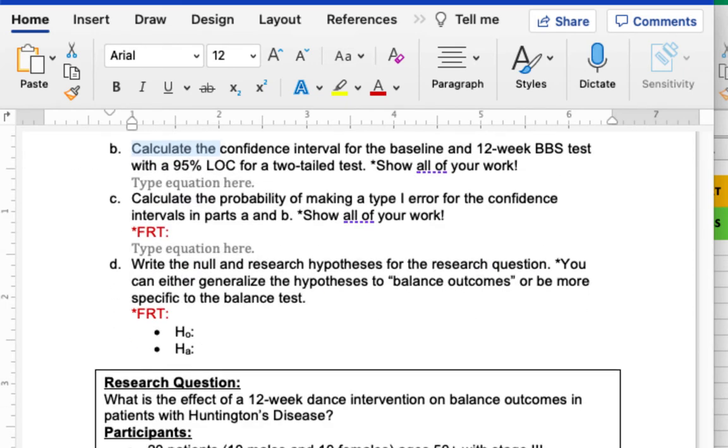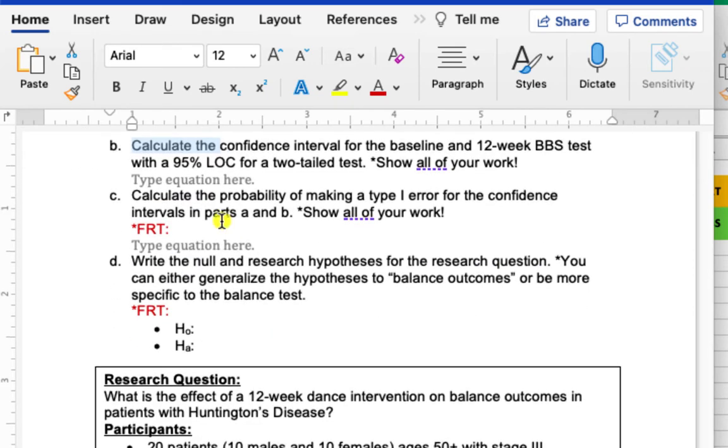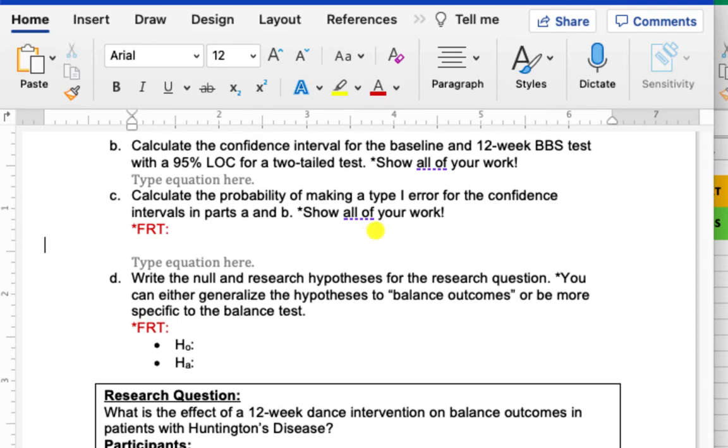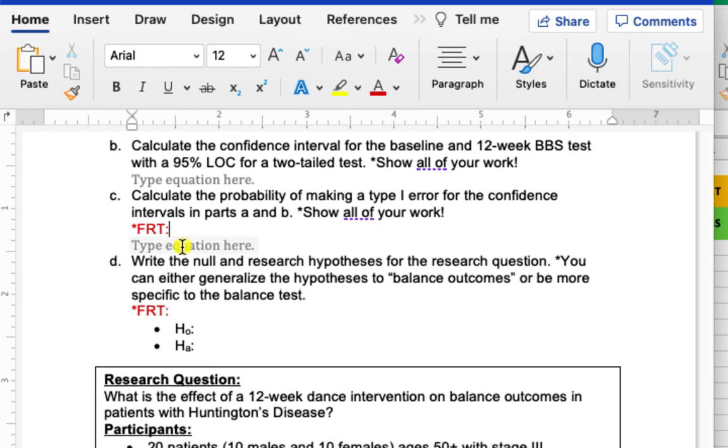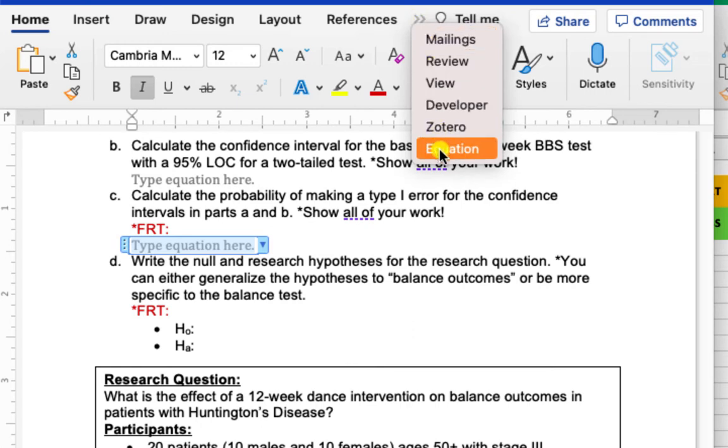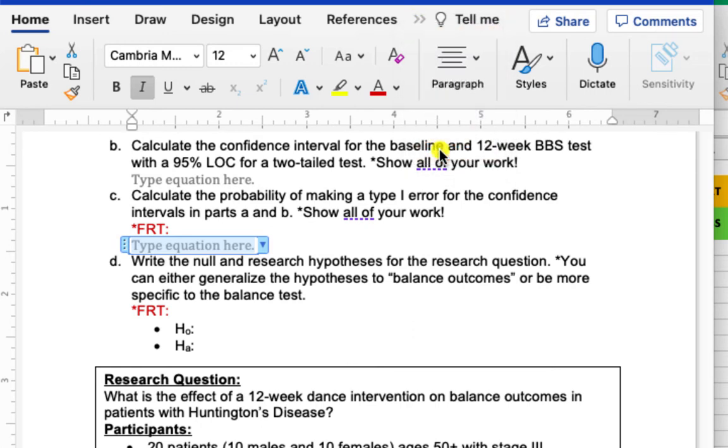Now we're going to calculate the probability of making a type 1 error for the confidence intervals in part A and B. So again, I'm just doing the functional reach test where we used a 90% level of confidence. So I'll navigate back to my equation tab.